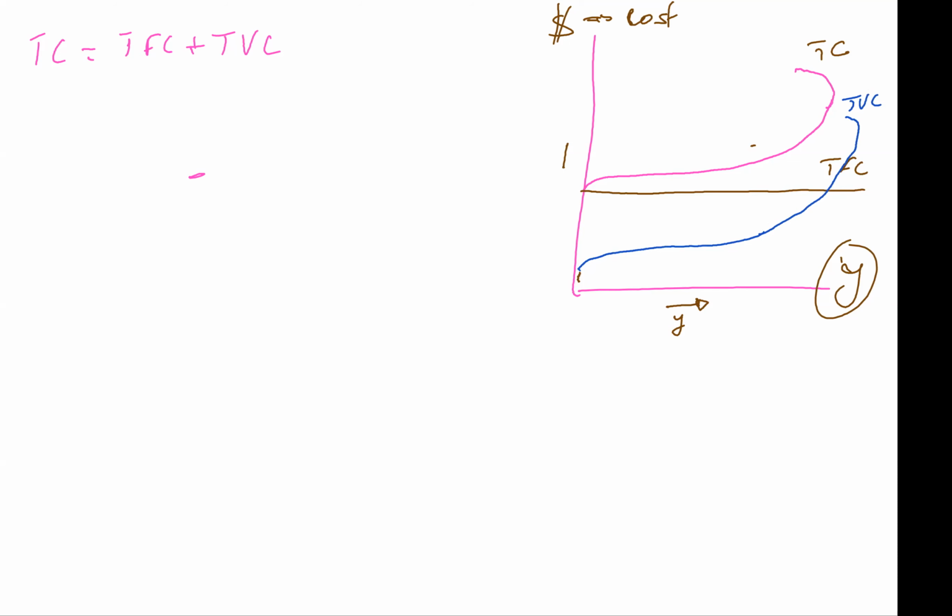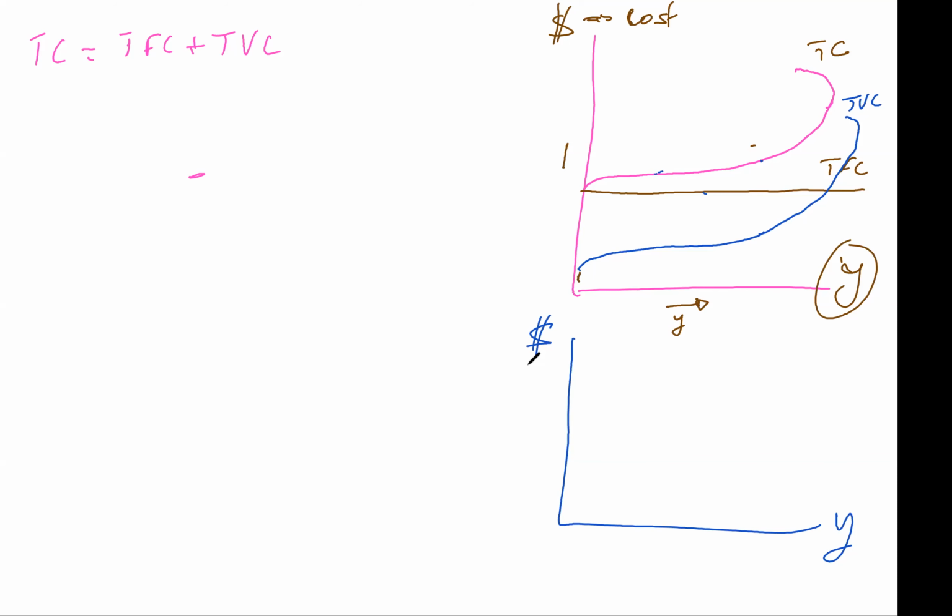What you see here is that the total variable cost and the total cost have the same slopes, the same shapes. Why? Because to get from the total variable cost to the total cost, I only add the total fixed cost, which is fixed and doesn't change. So they really have the same slope, the same shape. Again, here Y is money.